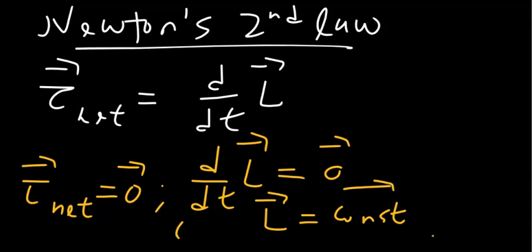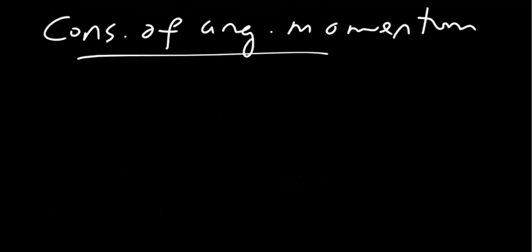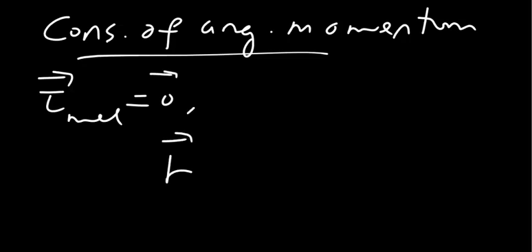So this is the expression for conservation of angular momentum, just like the conservation of linear momentum. What that means is when there is no net torque acting on the system, the angular momentum of the system is conserved, which means the initial angular momentum of the system must be the same as the final angular momentum of the system.